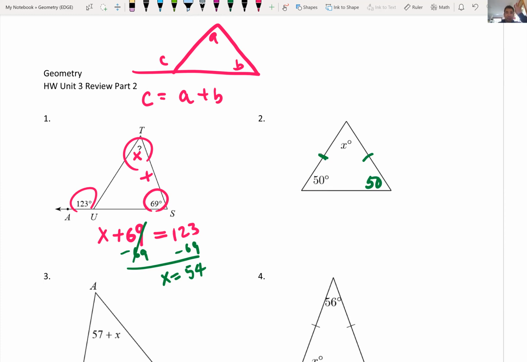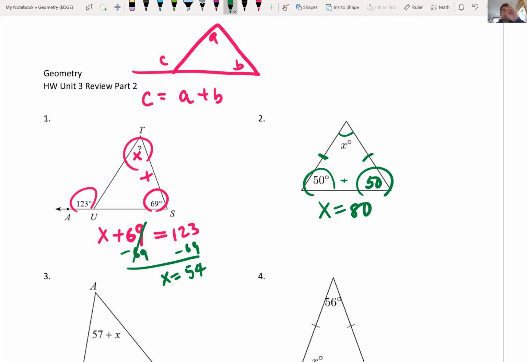Now, if you know that the bottom angles are 50 and 50, can you figure out the top? 50 and 50 together is 100, right? So what do you think x has to be? X has to be 80. Why is x going to be 80?